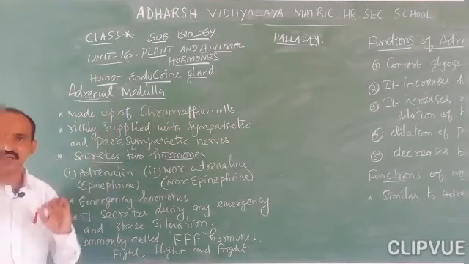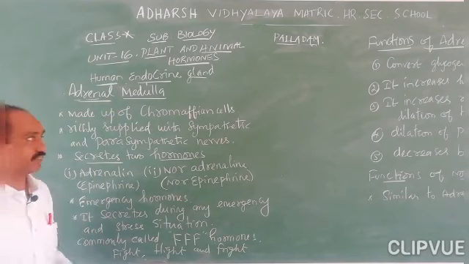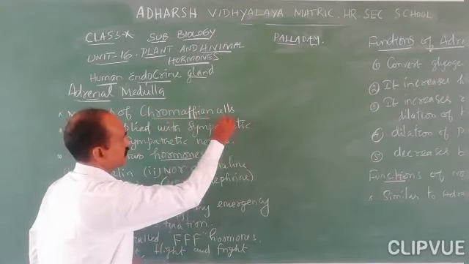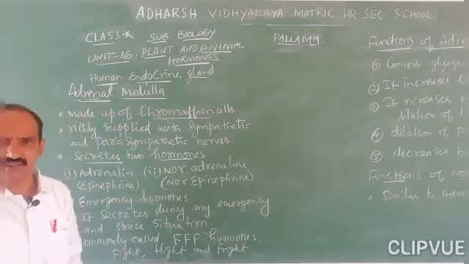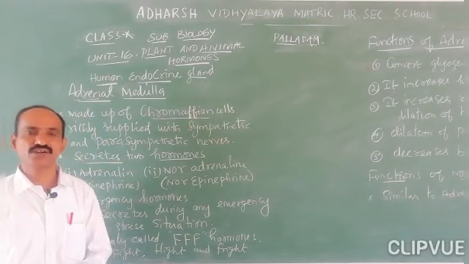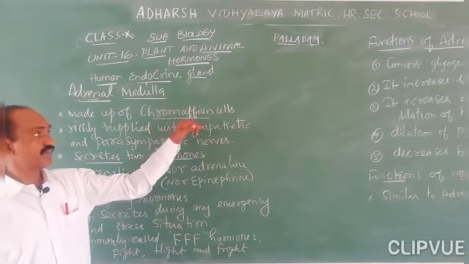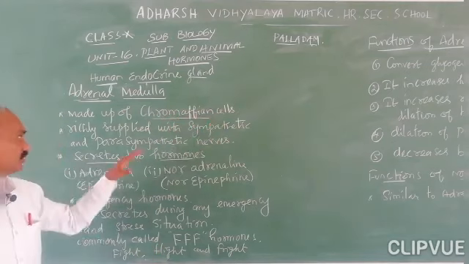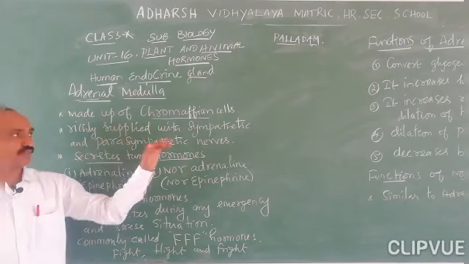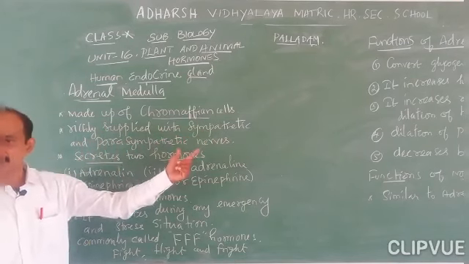The adrenal medulla is made up of a special type of secreting cells, the chromaffin cells. These cells are richly supplied with sympathetic and parasympathetic nerves.